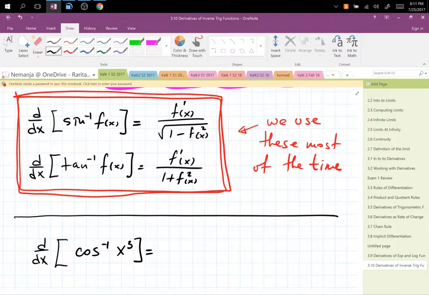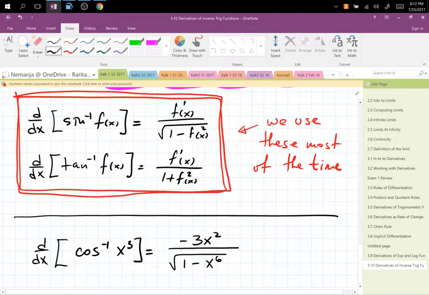What should I write as the answer? Yes? Negative 3x squared over root 1 minus x to the 6. Perfect. This is your f prime on top, and the bottom is square root of 1 minus f squared. Very good.